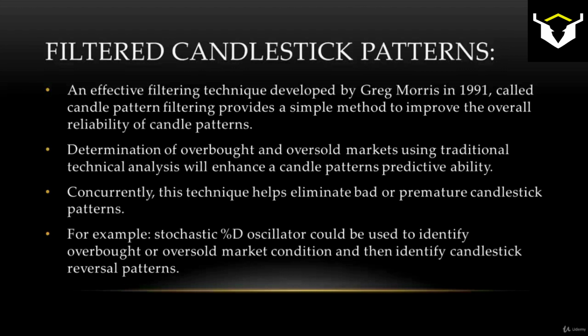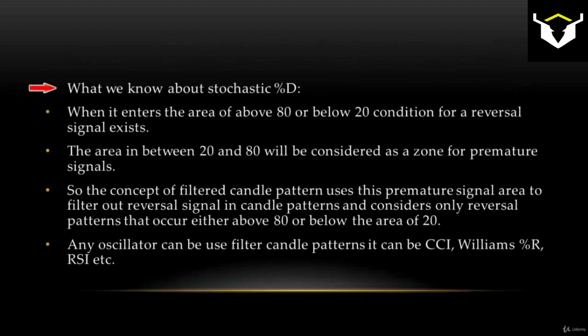What do we know about stochastic percentage D? When percentage D enters the area above 80 or below 20, a condition for a reversal signal exists. The area in between 20 and 80 will be considered a zone for premature signals.